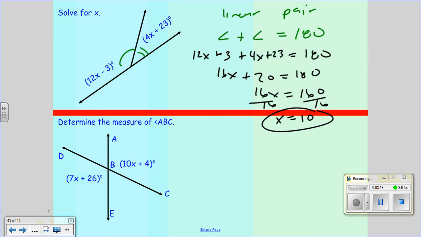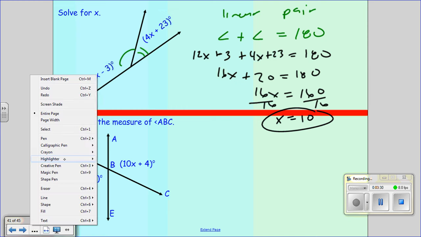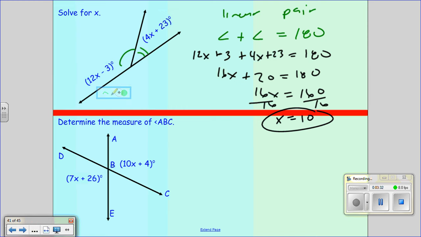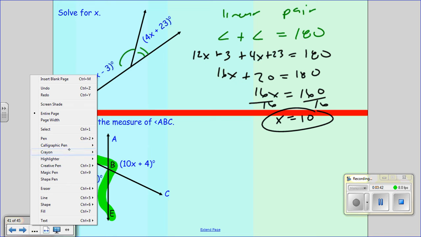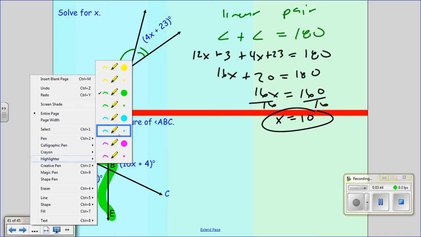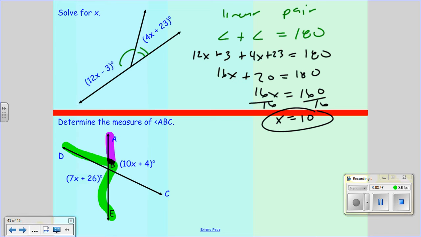On the next one, it wants us to determine the measure of angle ABC. But again, there are algebraic variables involved, so we're going to have to understand the relationship between the two angles in the picture. We have a measurement for DBE, and we have a measurement for ABC.